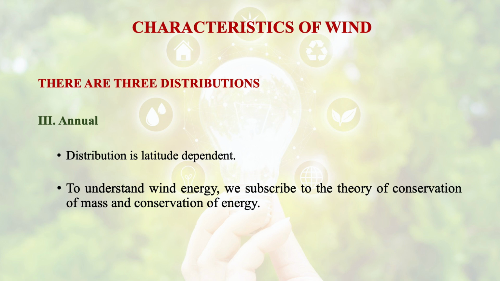To understand wind energy, let us first discuss the theory behind wind energy. Generally, the theory of conservation of mass and conservation of energy is applied in the generation of power from wind.